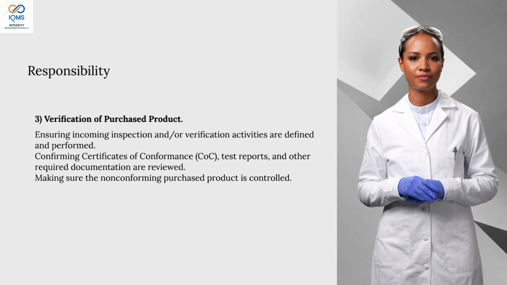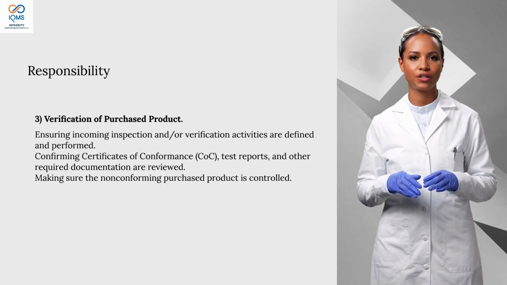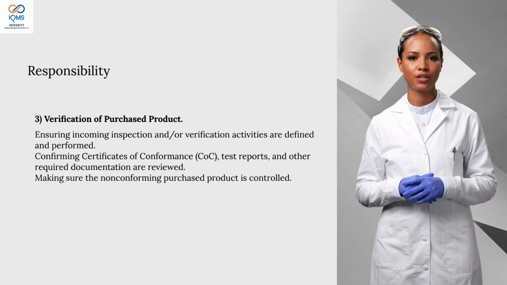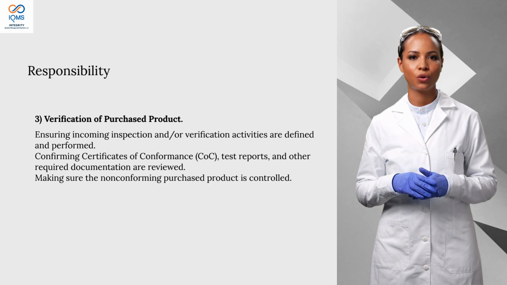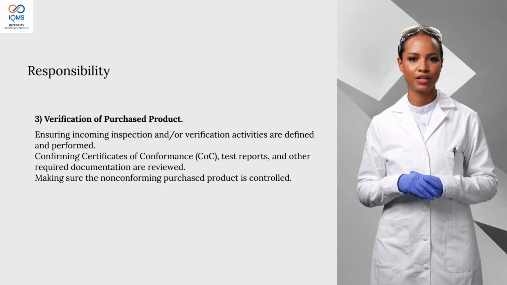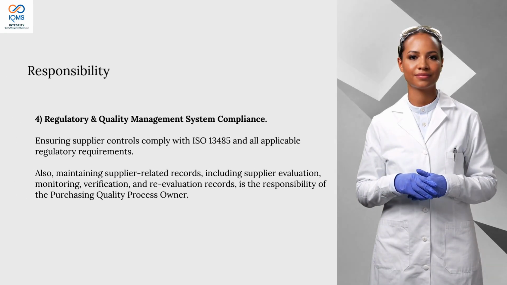3. Verification of purchased product. Ensuring incoming inspection and/or verification activities are defined and performed. Confirming certificates of conformance, COC, test reports, and other required documentation are reviewed. Making sure the non-conforming purchased product is controlled. And 4.